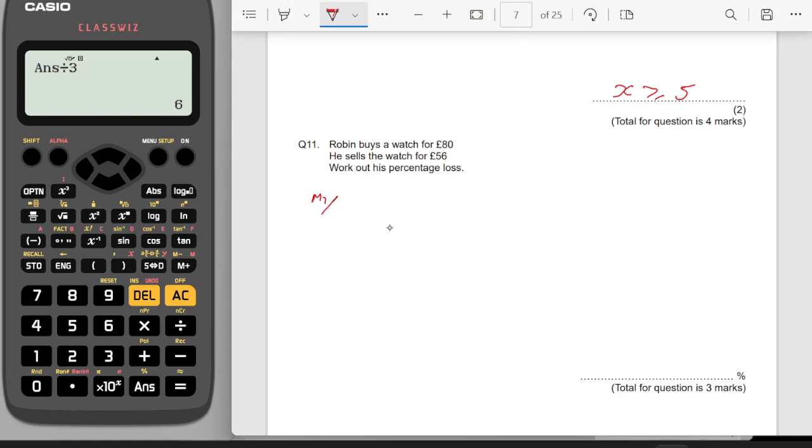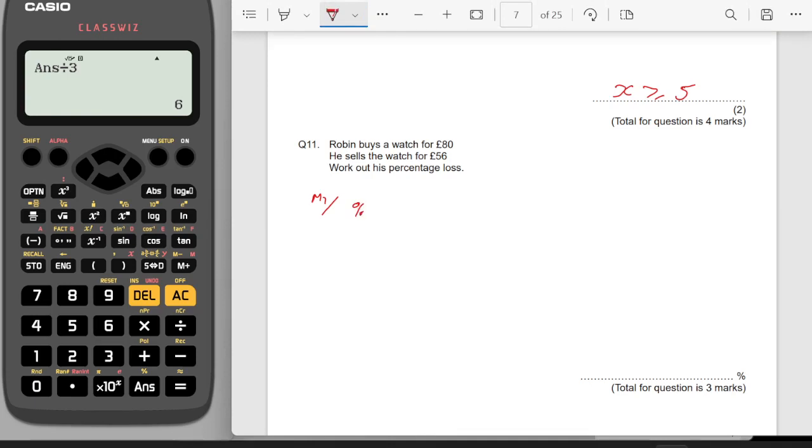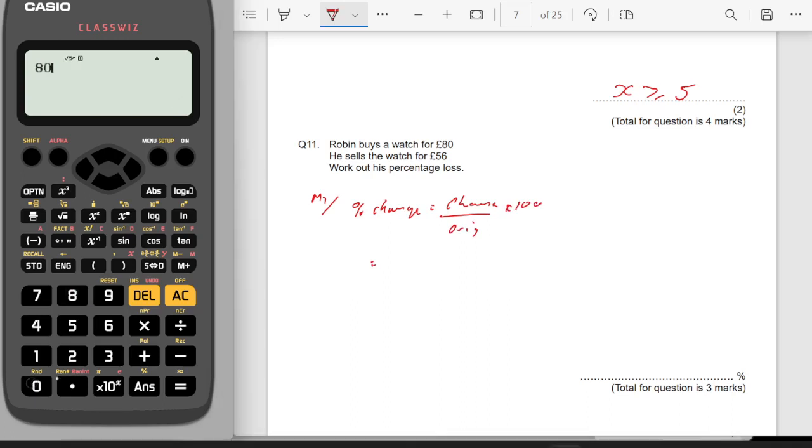I'll show you the standard method first of all. So percentage change is going to be equal to the change divided by the original amount times by 100.